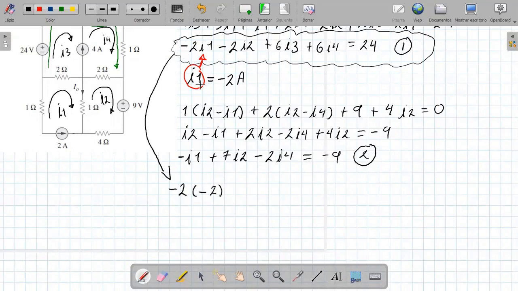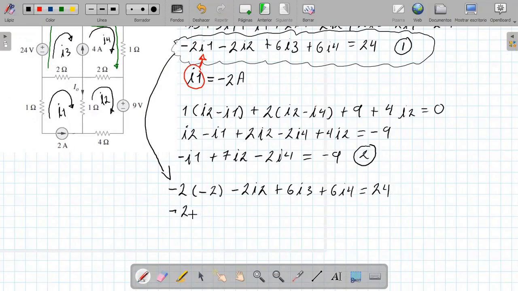So I'm going to make the equation 2 times minus 2 I2, plus 6 I3 plus 6 I4 equals 24. So this would be minus 2. For minus 2 it would be 2 times 2, 4 positive goes to the other side negative.